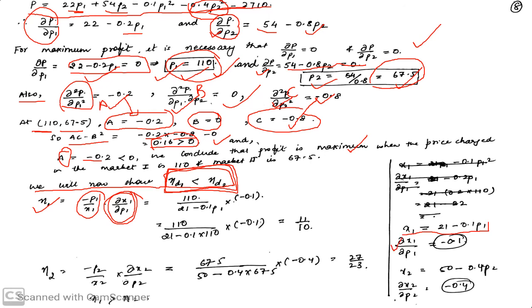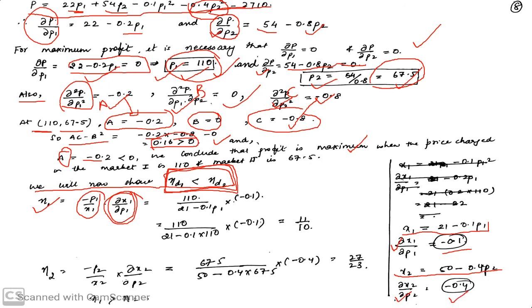ठीक है, delta x1 by delta P1 we get -0.1, x2 जो दिया हुआ था 50 - 0.4 P2, इसको हमने with respect to P2 कर रहे हैं तो हमारे पास आया -0.4.